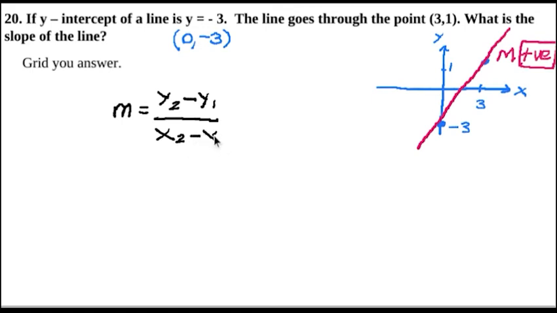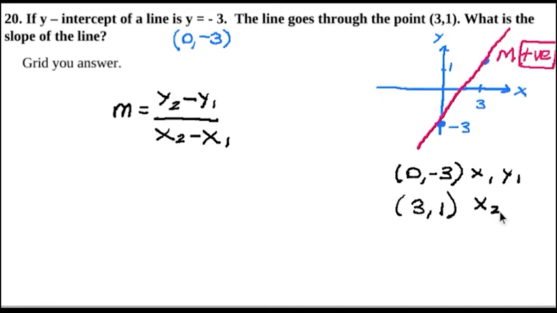Now we're going to assign x1, y1, x2, y2 to our coordinates. So let's start off. So (0, negative 3) is the y-intercept. We call that x1, y1. And (3, 1) is x2, y2.